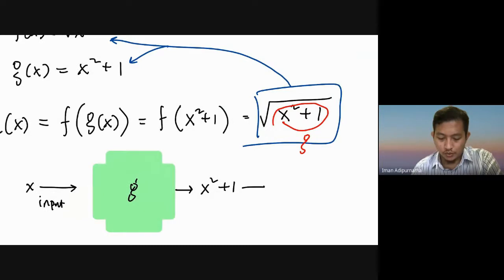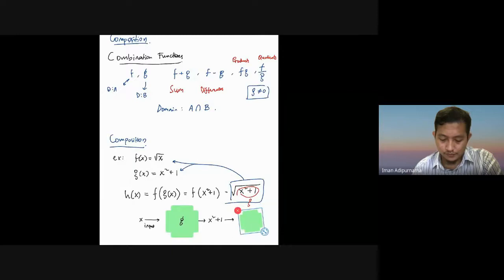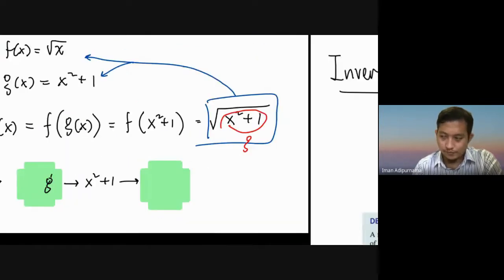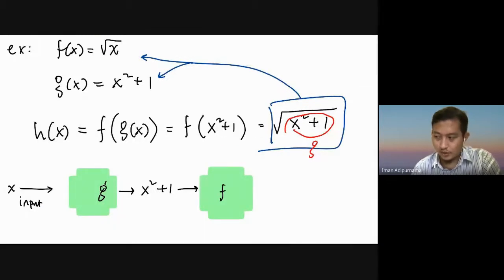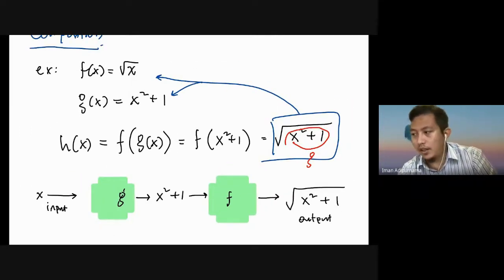And if we put x squared plus 1 into f, we put f, and then we make the last function here as the result, as the output. Okay, here's the process, and I hope you get the idea. I think you're already familiar with these compositions. This is just a review.